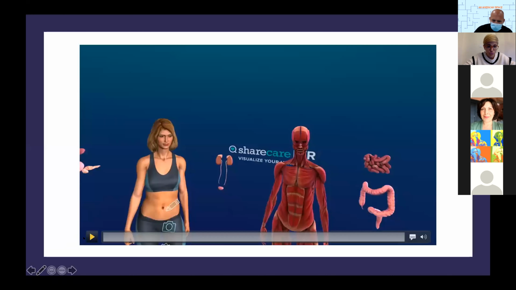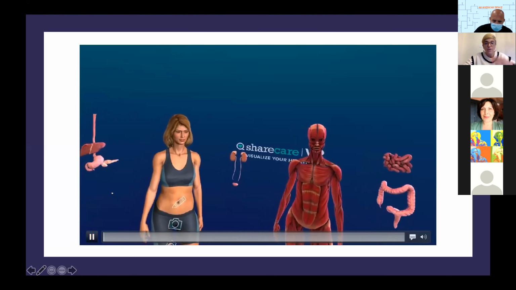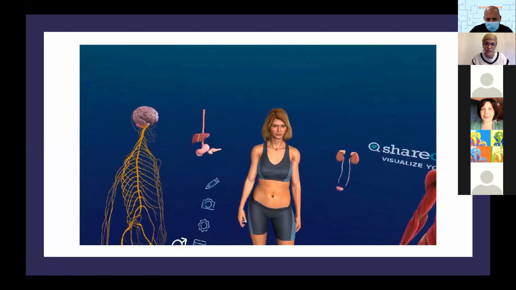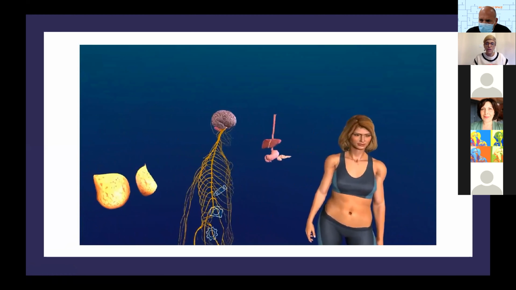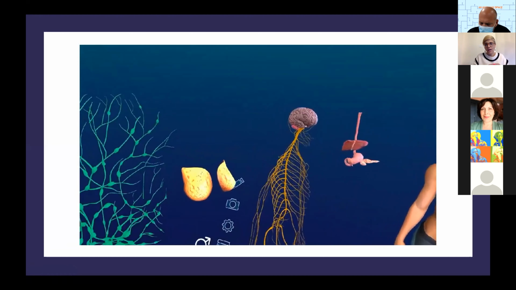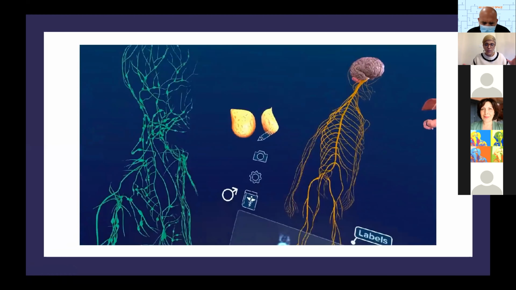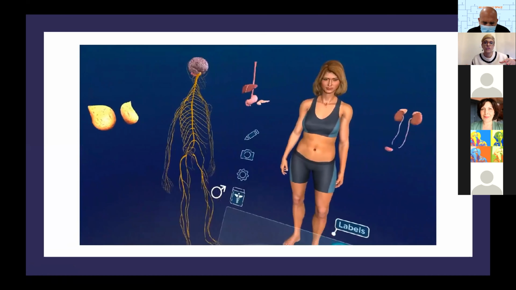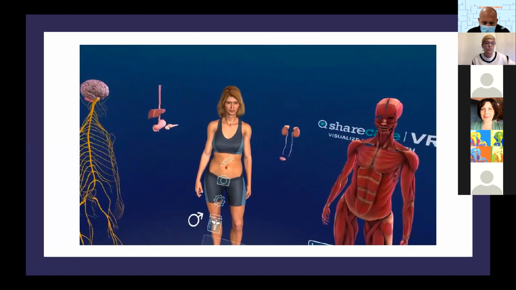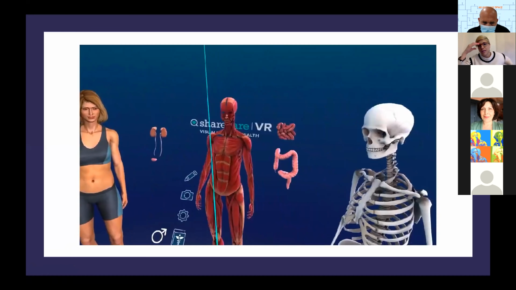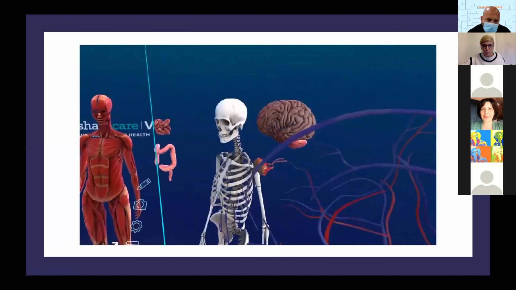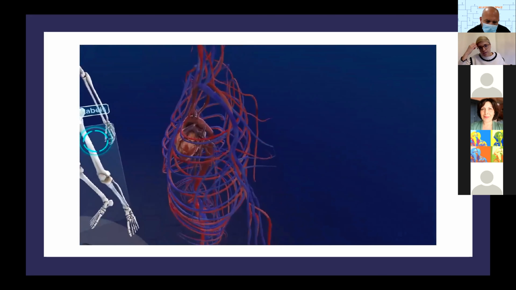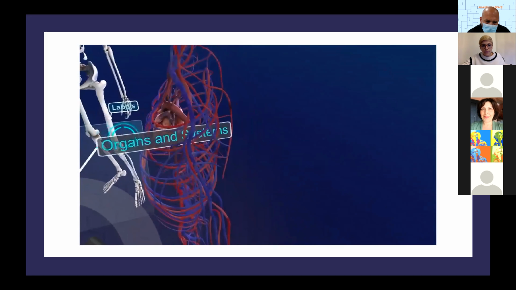First of all, this is the application right at the beginning. Once you wear the goggles, this is what you see. Different body parts. You can actually choose the body part that you would like to explore. The colon, the brain, that's the human skeleton.